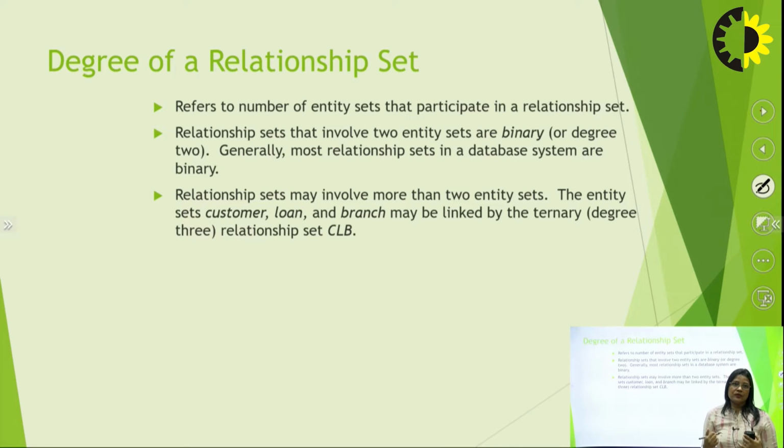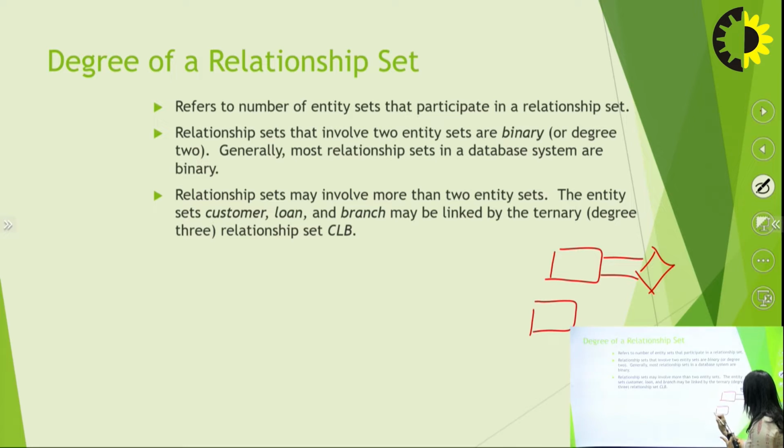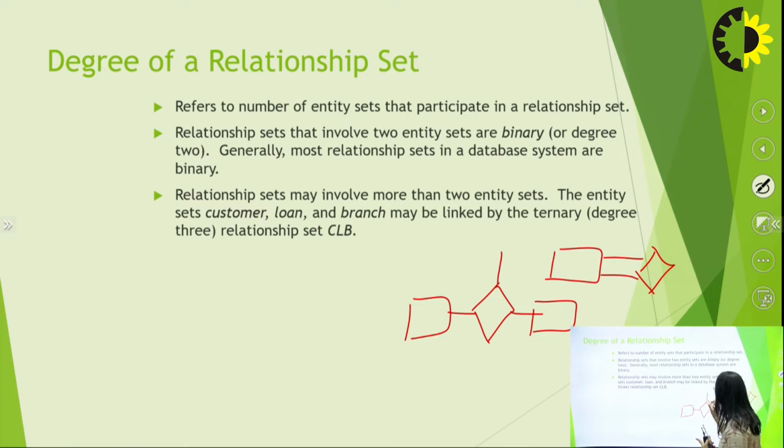Now, the degree of a relationship set. It refers to the number of entity sets that participate in a relationship set. Suppose only one entity is participating in a relationship in different roles; we'll understand it in the next slides. Sometimes two entities are involved in the relationship, and sometimes more than two, like 3 entities.